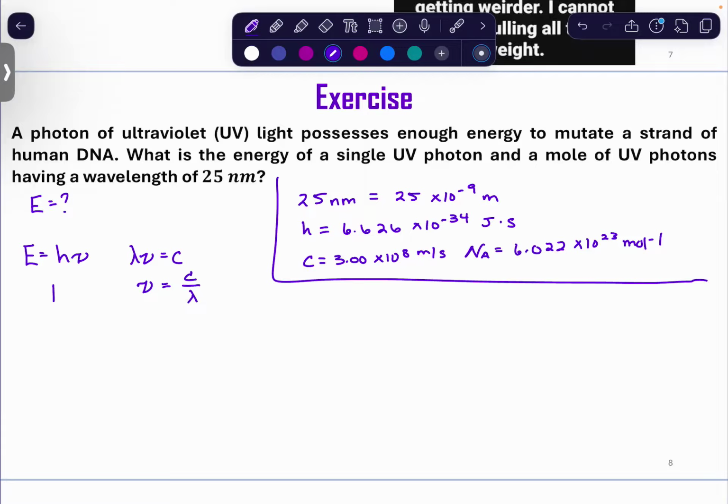And so that means that our Planck's equation, we can write it more as h c over lambda. And that's what we can plug numbers into to solve this problem. When you're working through problems like this, I want to see you do these little derivations.